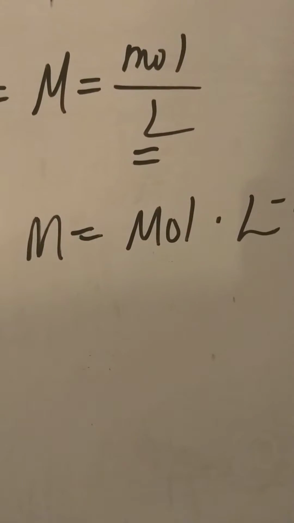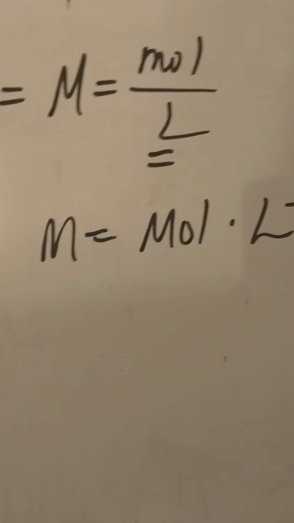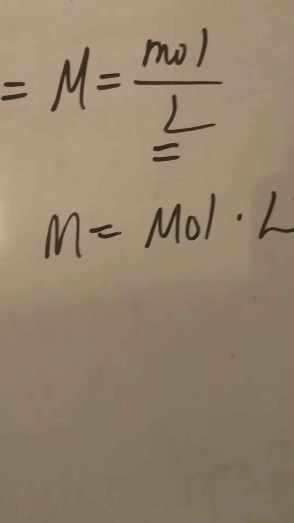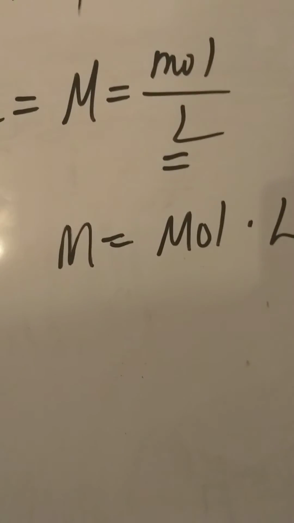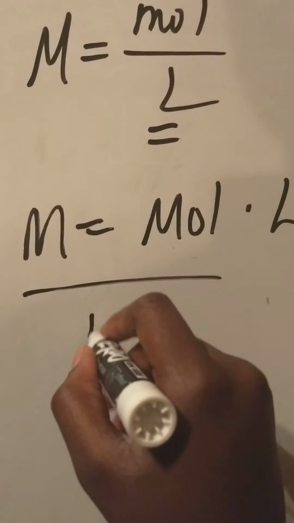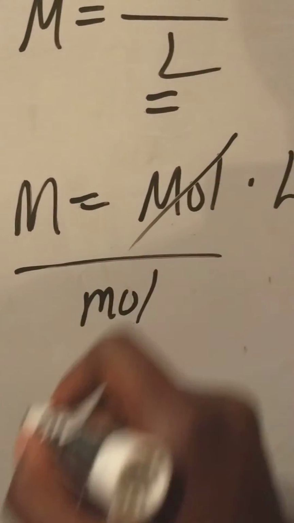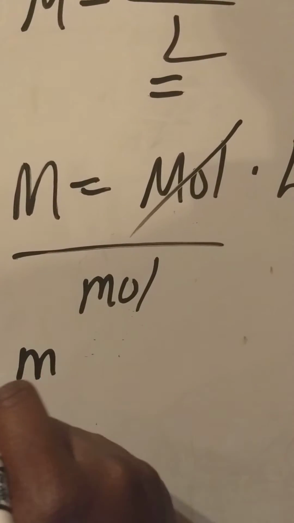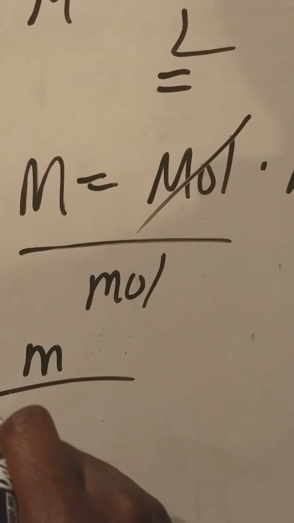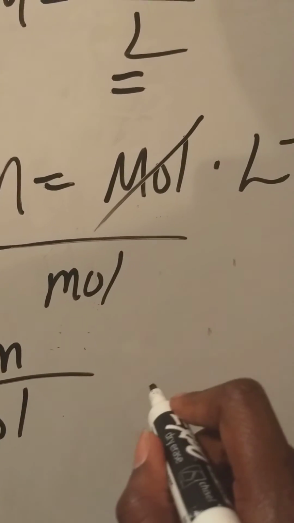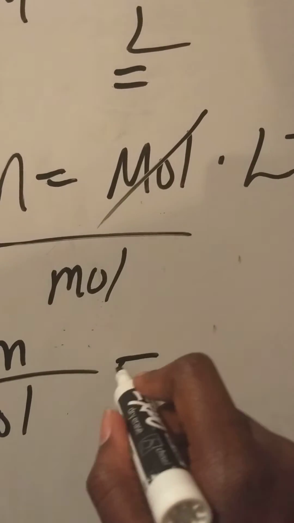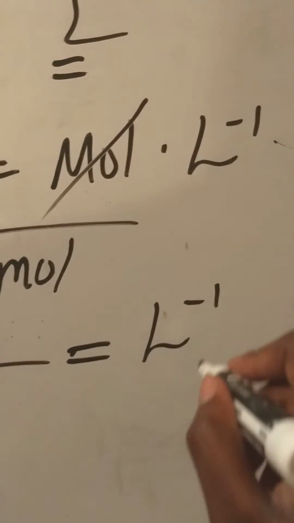It will always be true as long as you do it correctly. So what we're going to do now is divide by our moles. This will go away, giving us molarity over moles equals liters to the negative 1.